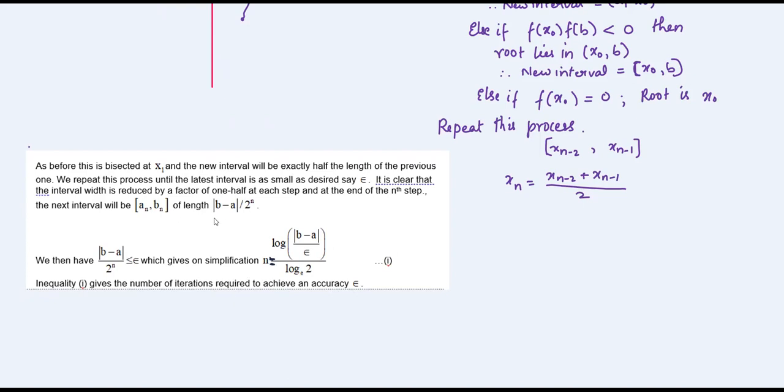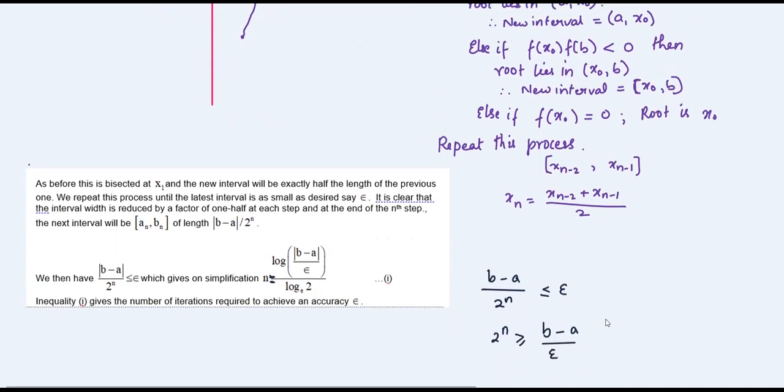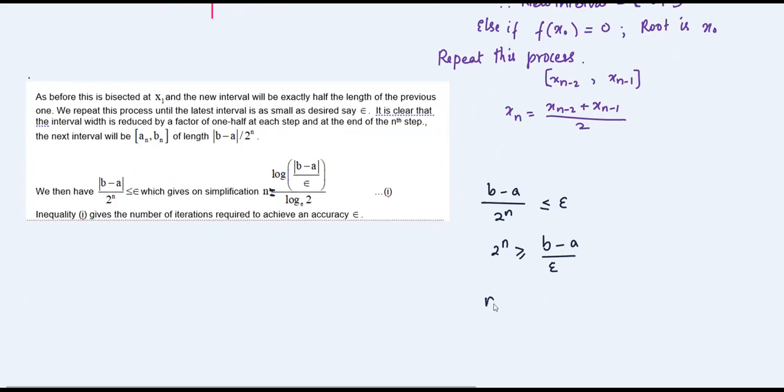So here the calculation is simple. B minus a by 2 power n is less than or equal to epsilon. So 2 power n will be greater than or equal to b minus a by epsilon. So n will be greater than or equal to log to the base 2 of b minus a by epsilon.